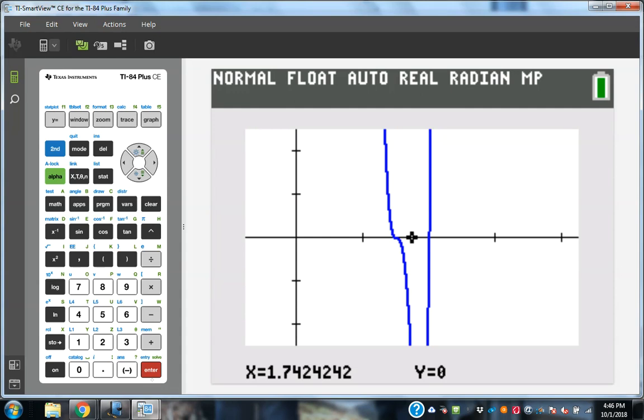That's the positive 2, so it's crossing the x-axis there. That 2 had a multiplicity of 1. Right here would be 3 over 2, 1.5. It's crossing the x-axis there. That's our odd multiplicities. They're crossing.